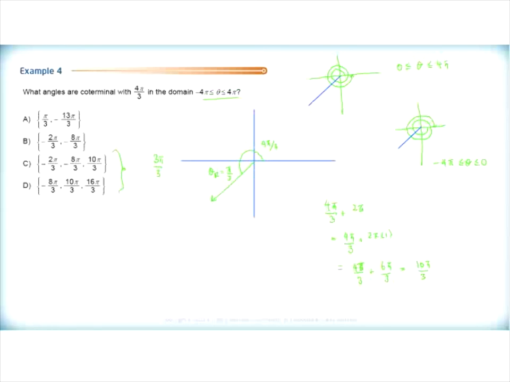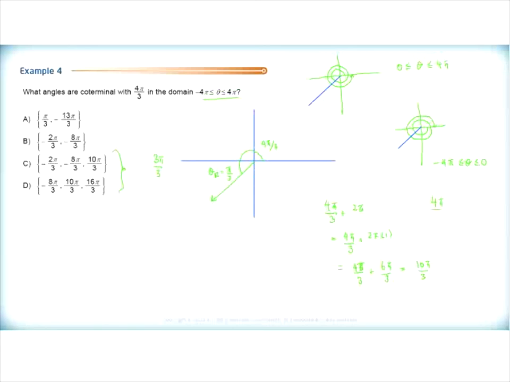Now in the negative direction, look at this diagram here, we're rotating in the negative direction. That will be negative 2 pi over 3. Negative 2 pi over 3 will be an answer.